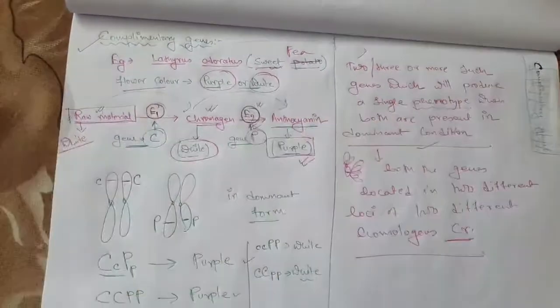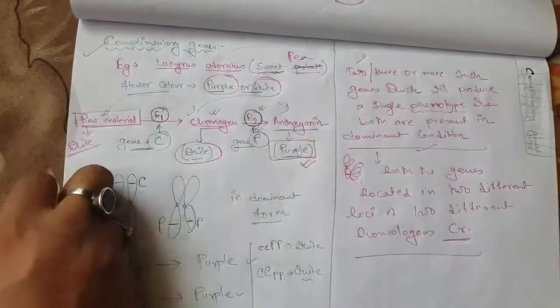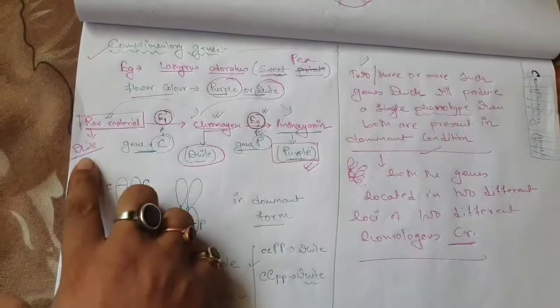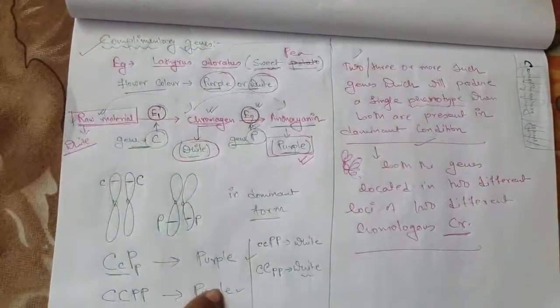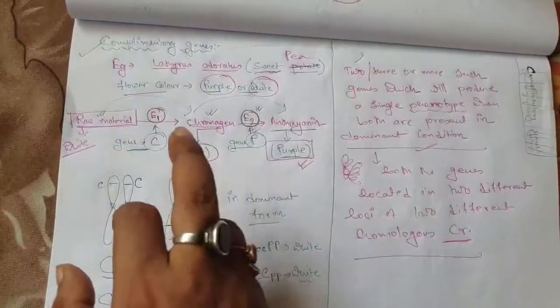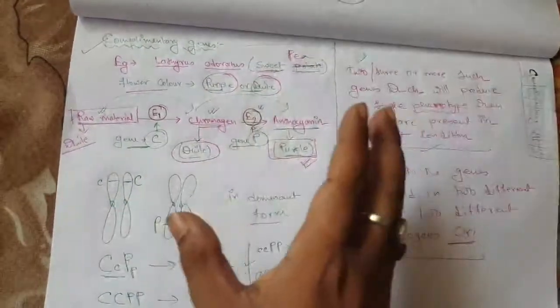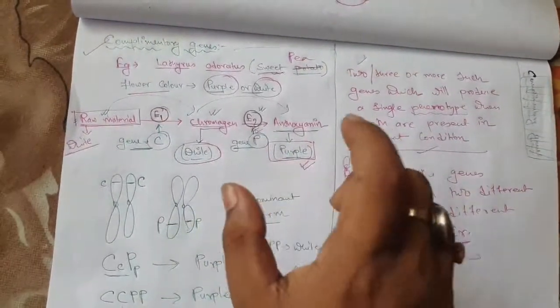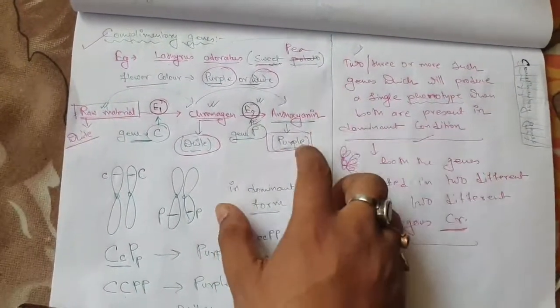So what did I say? I said that if there is a raw material present and no chromogen is produced, the flower color will be white. If chromogen is produced, still the flower color will be white. And if from chromogen anthocyanin is produced in the cells, then the flower color will be purple.